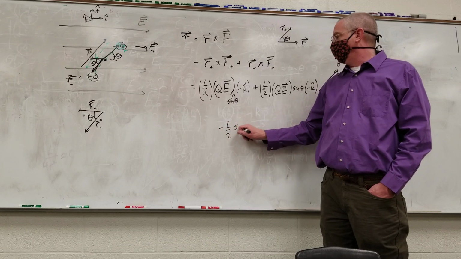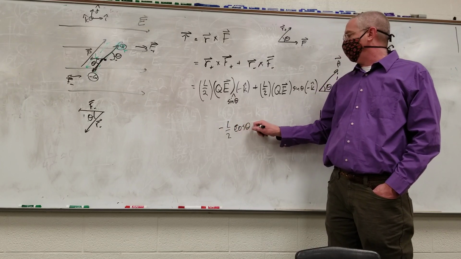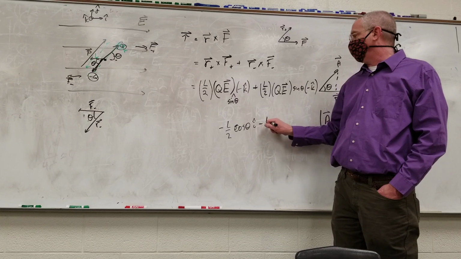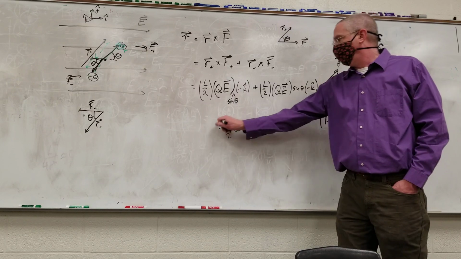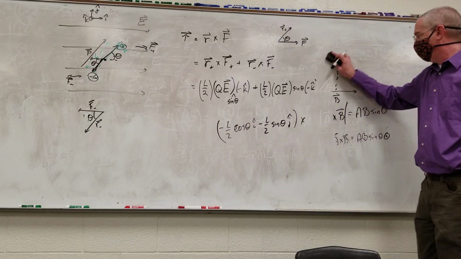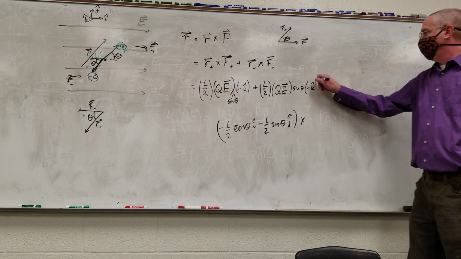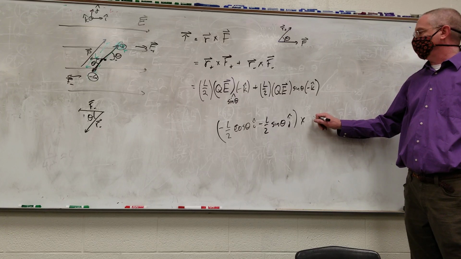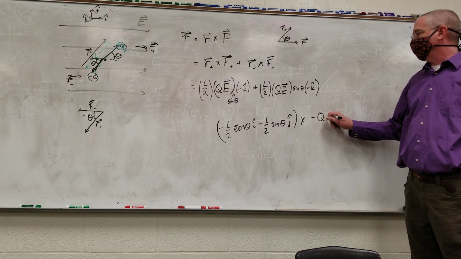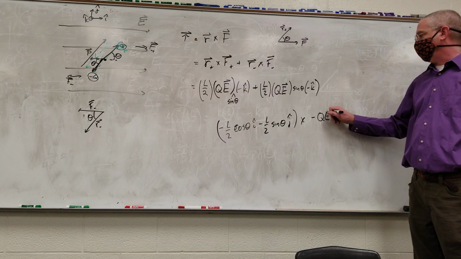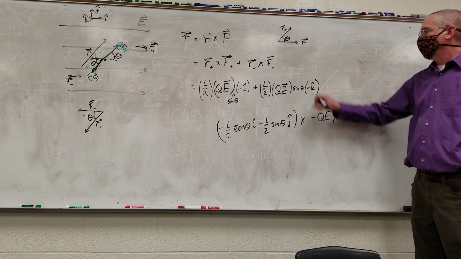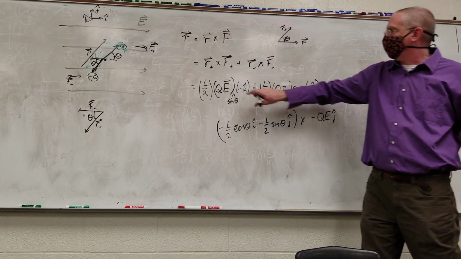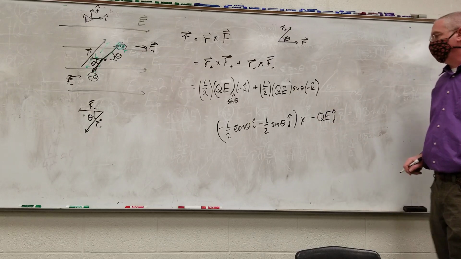negative L over 2 cosine of theta i hat minus L over 2 sine theta j hat cross the force, which is negative Q E j hat, and actually that vector symbol should not be there.